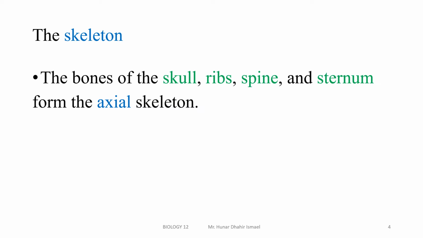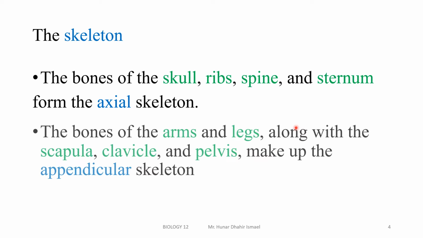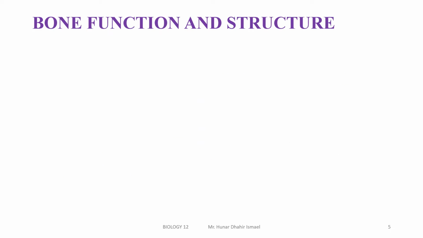So the bones of the skull, ribs, spine, and sternum form the axial skeleton. The bones of the arms and legs, along with the scapula, clavicle, and pelvis, make up the appendicular skeleton.